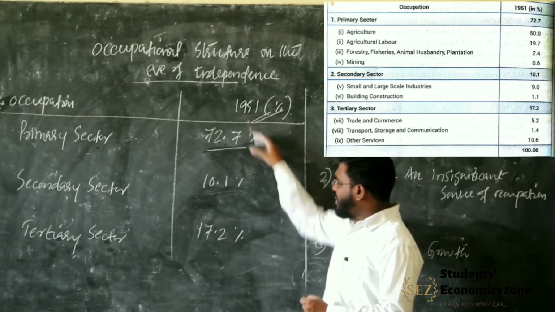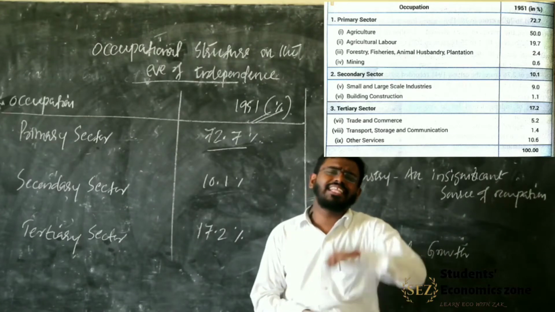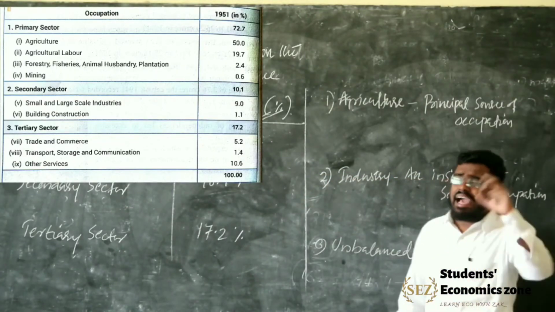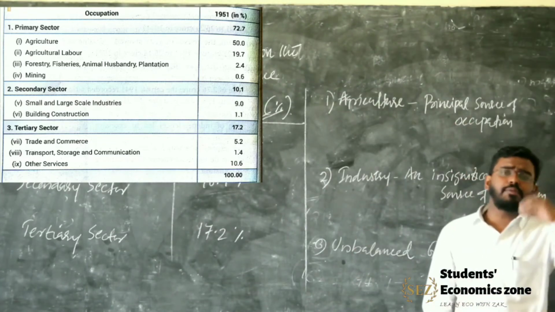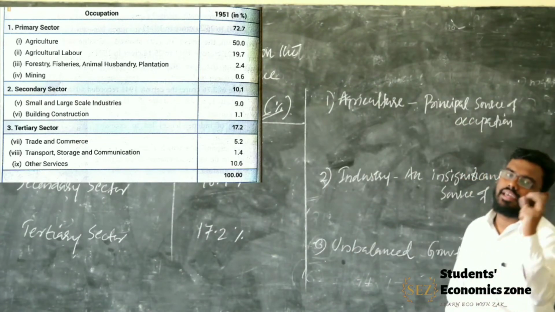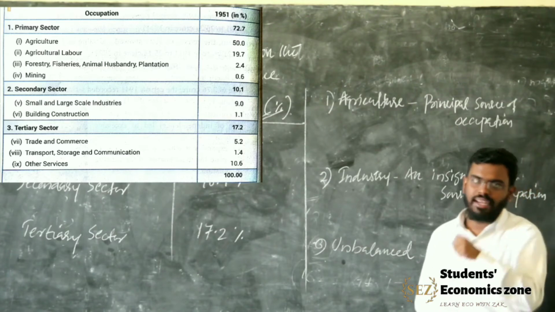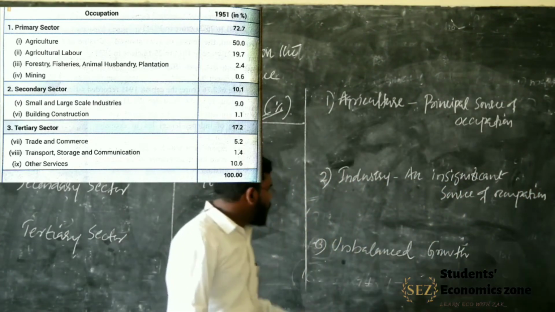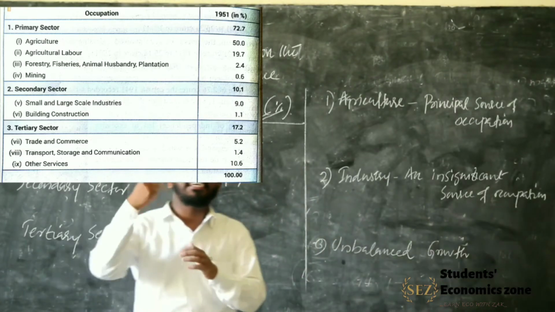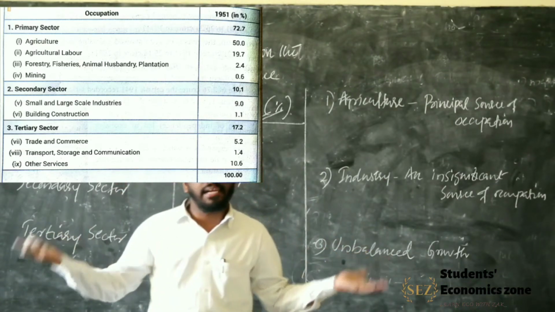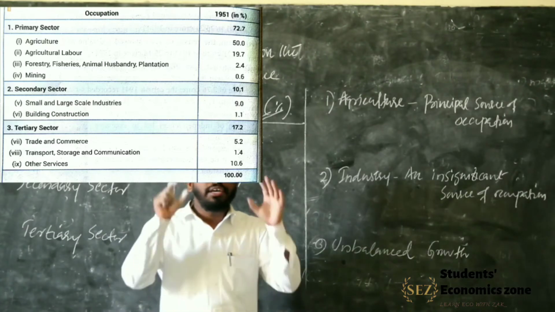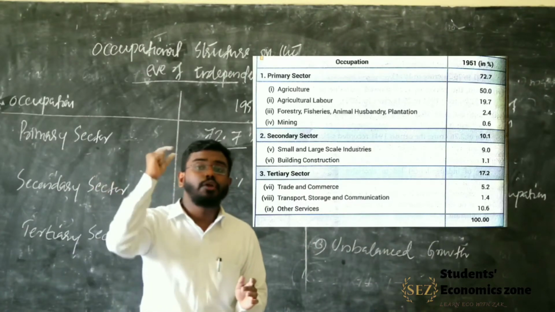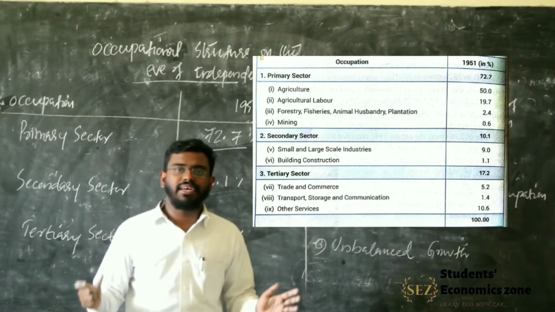From this table we can derive mainly three observations. First, agriculture was the principal source of employment. More than 72% of the people belonged to the agricultural sector, so it was the main source of employment at the time of independence.